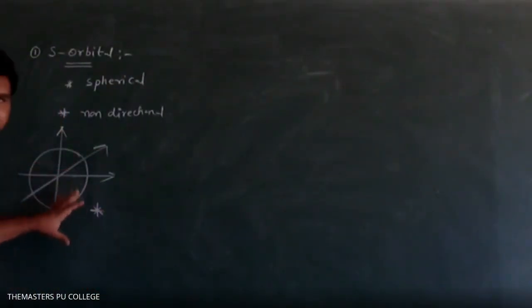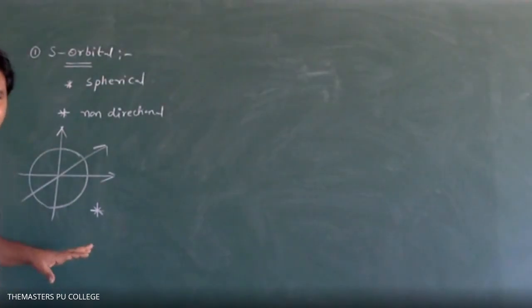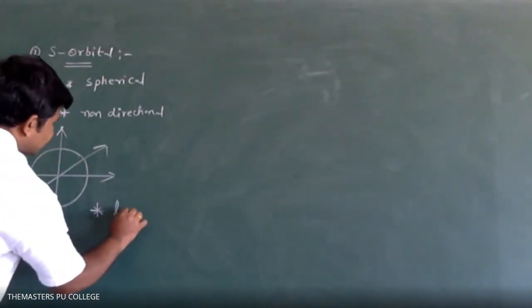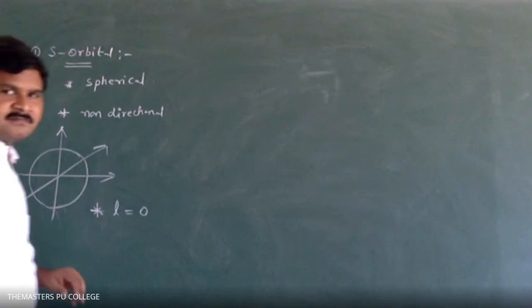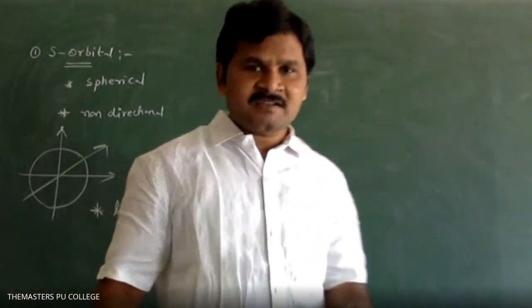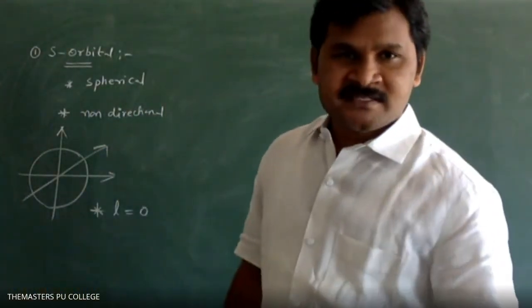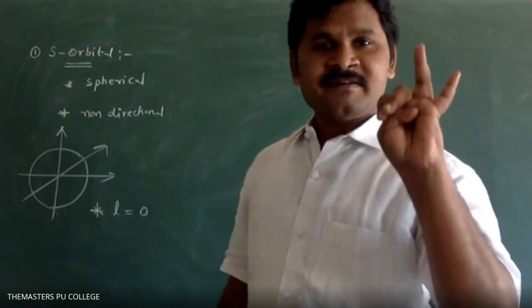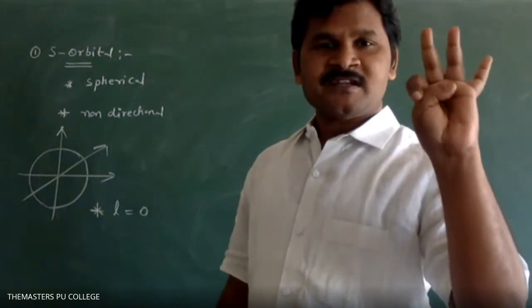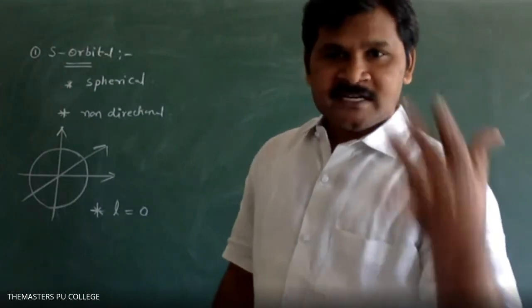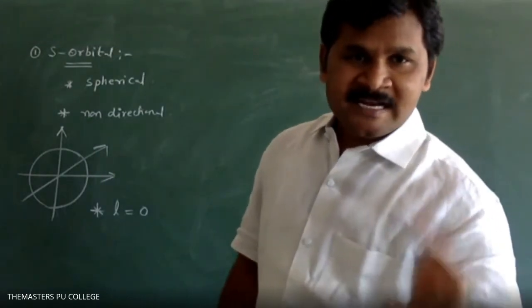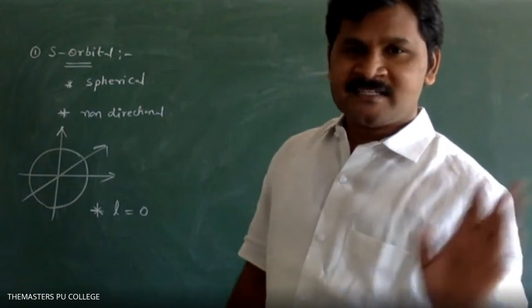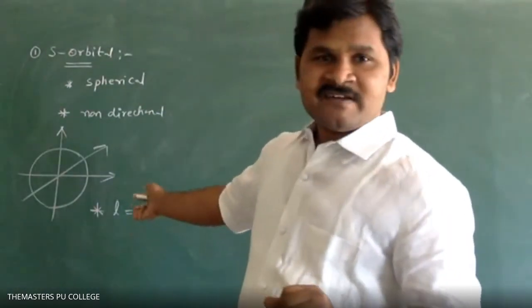Here I will say some values that you have to remember as it is. For s orbital, L is equal to 0. These L, M values we will get in quantum numbers. There are four quantum numbers: N, L, M, S, that is principal, azimuthal, magnetic, spin. We will discuss the L values later.